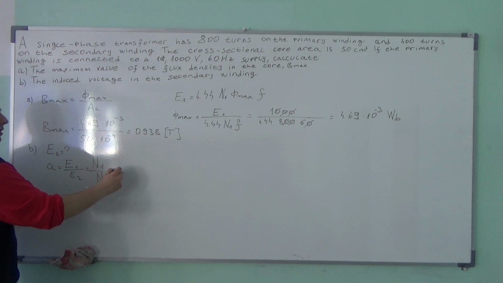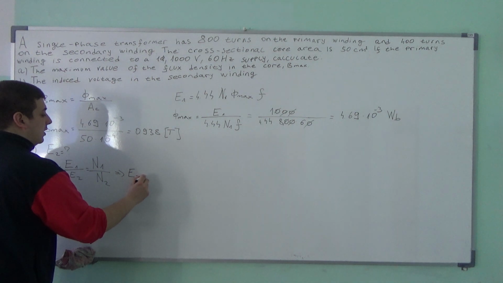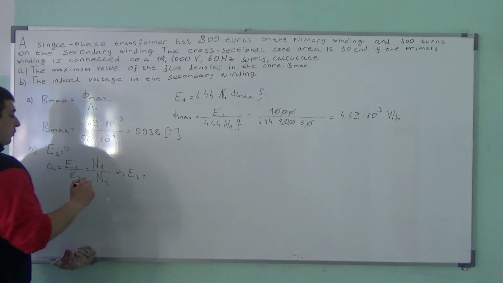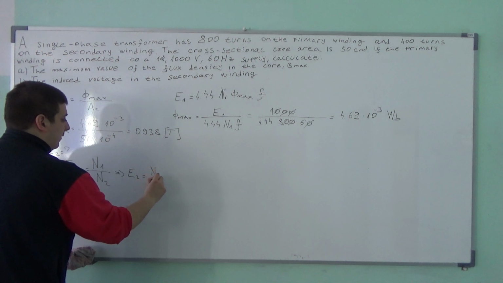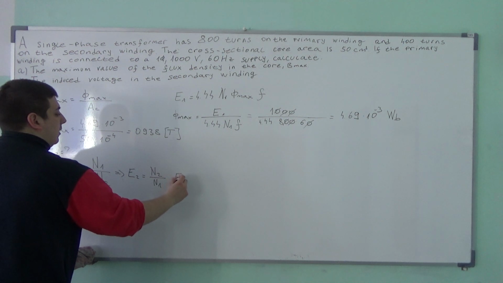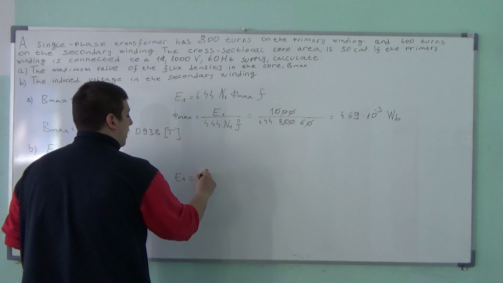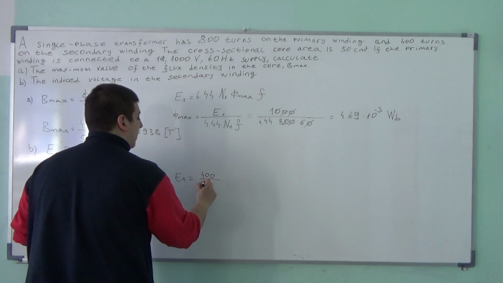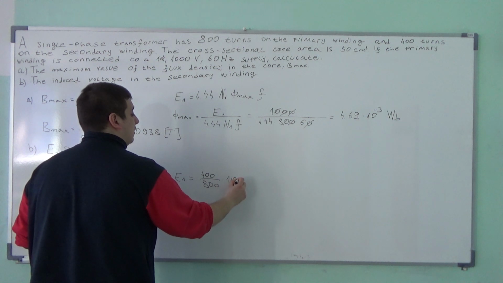From this, the induced secondary voltage E2 is equal to N2 divided by N1 times E1. So that is equal to 400 divided by 800 times 1000.